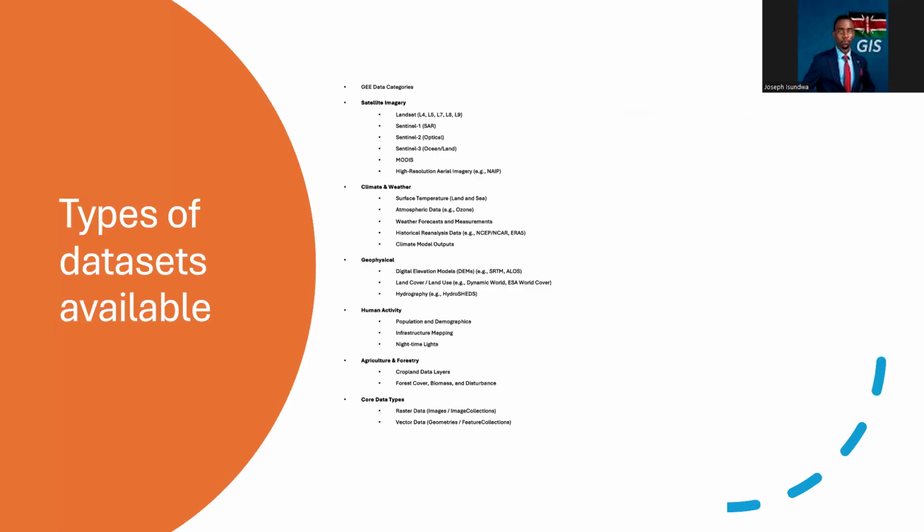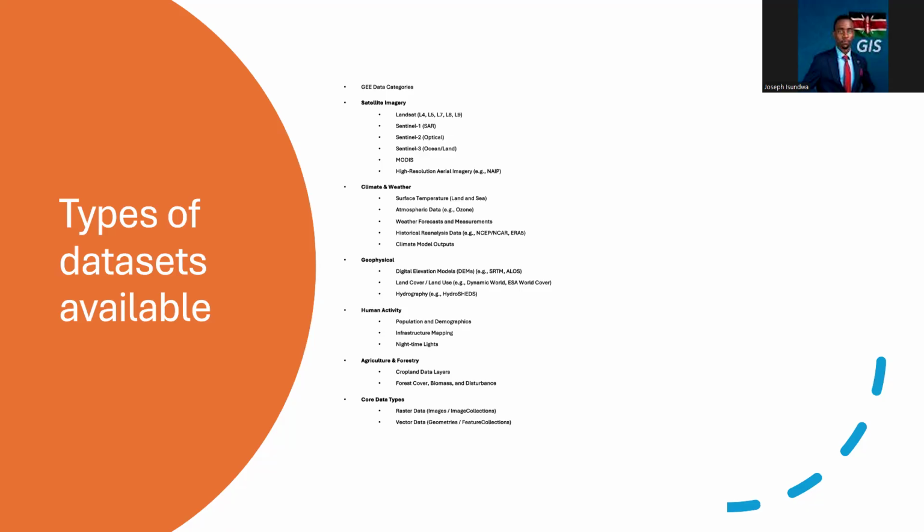Right? So, what are some of the types of data sets that you can work on in Google Earth Engine? These data sets include satellite imageries, which, for example, can be Landsat, which we know, for example, Landsat 4, Landsat 5, Landsat 7, Landsat 8 or 9. There's also Sentinel: Sentinel 1, which is synthetic aperture radar, Sentinel-2, which is optical, and Sentinel-3.